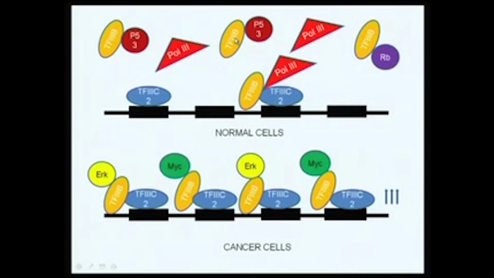On the contrary, TF3B comes and interacts with oncoproteins which are growth promoting agents like ERK and CMYC. As a result of the interaction, tRNA gene transcription proceeds much faster, and therefore very high levels of tRNAs are synthesized. So you can see how cells have devised strategies for increasing the rate of tRNA gene synthesis by using either oncoproteins or tumor suppressor proteins, and this is how a normal cell will become a cancer cell.